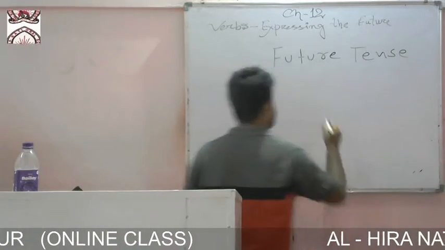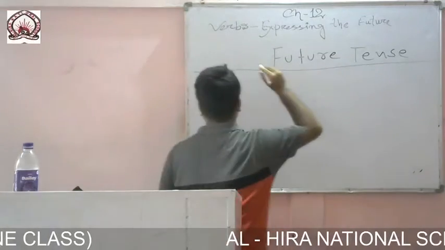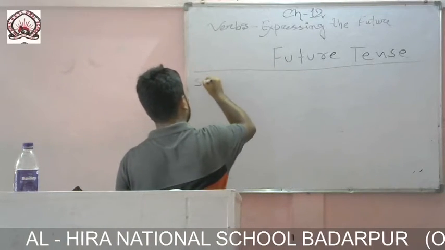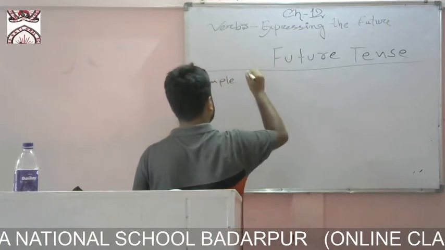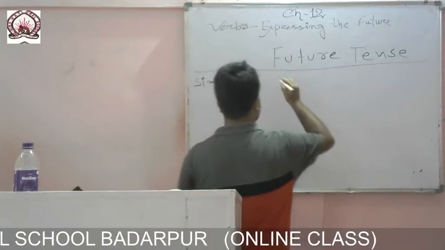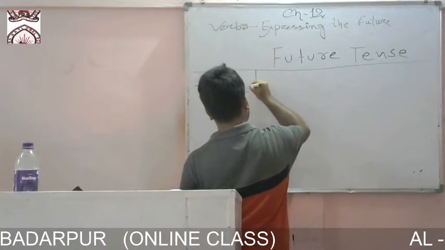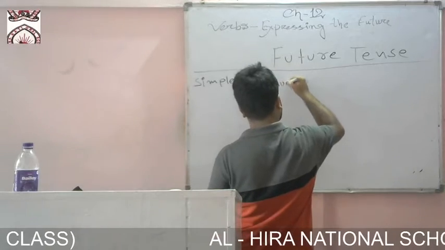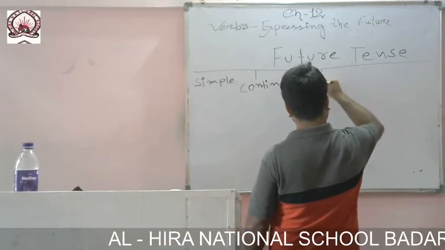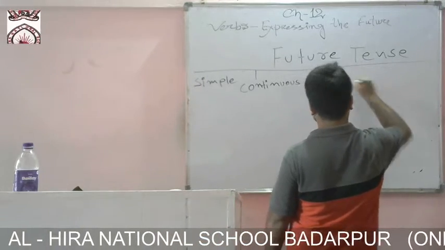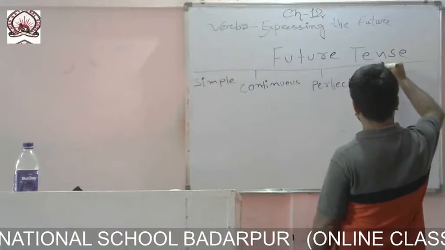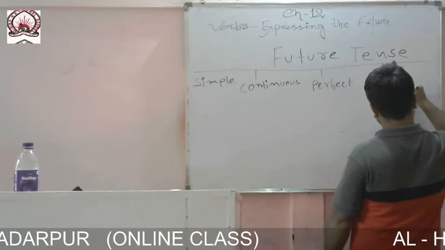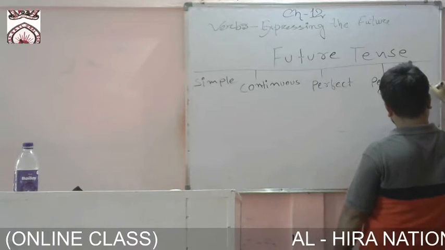It is of four types: simple future, S-I-M-P-L-E; continuous future; future perfect, P-E-R-F-E-C-T; and future perfect continuous, C-O-N-T-I-N-U-O-U-S.